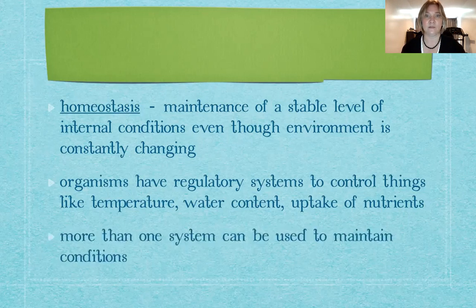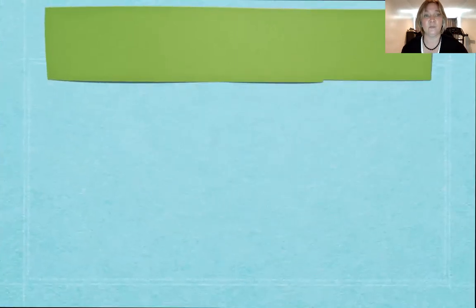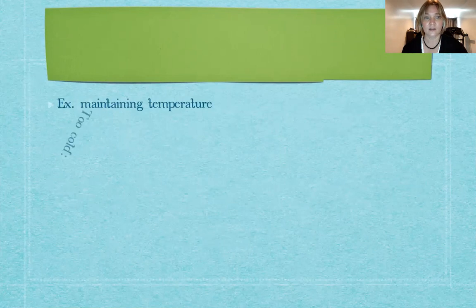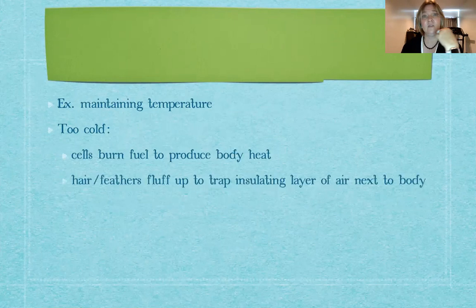So we have, like I said before, many, many mechanisms that are used to maintain this stable environment. We talked about temperature already. Okay, so let's go the opposite side. If it's too cold, what happens? Your cells are going to burn fuel to produce body heat. Birds and mammals, which are warm-blooded animals, have hair or feathers to fluff up.